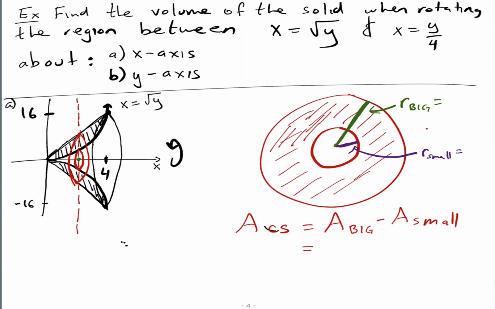Did you guys miss that? See how this green line that I drew over here is this green line right there? It's kind of hard to see, but you can also draw a green line to the bottom. That's the same radius, whether you go to the top or you go to the bottom.